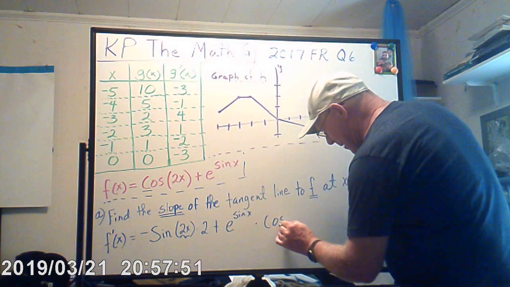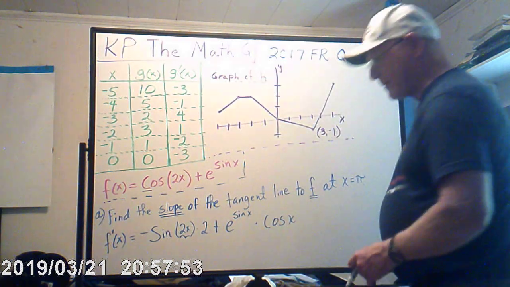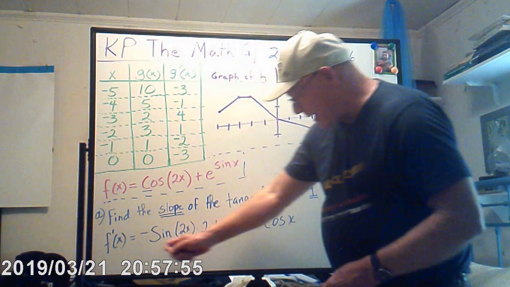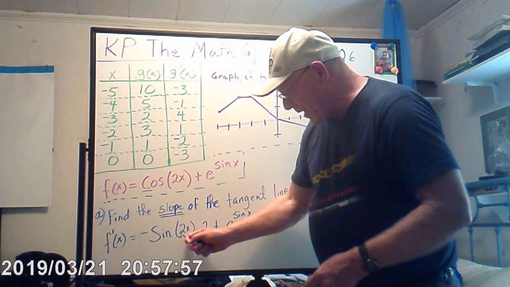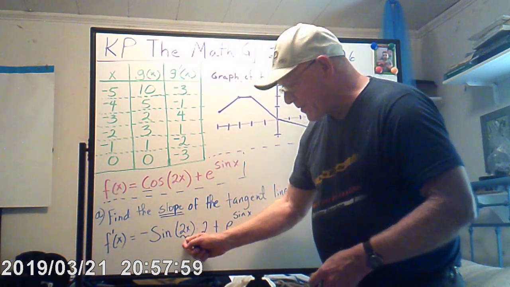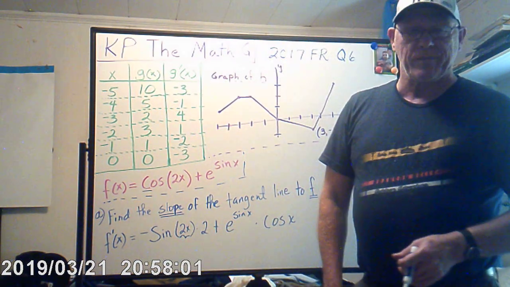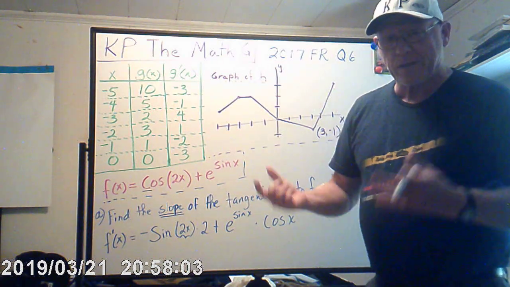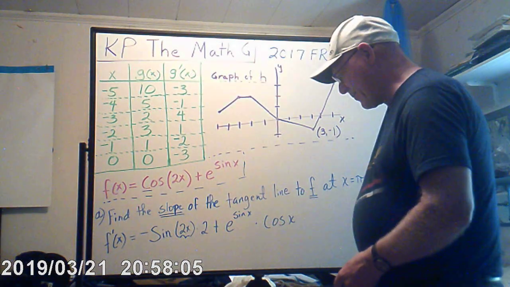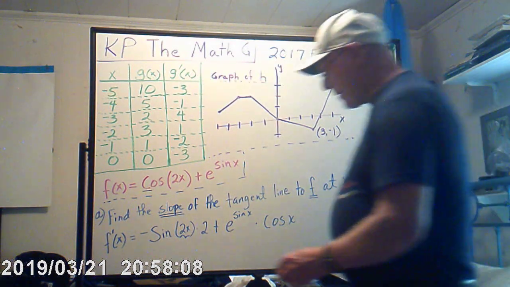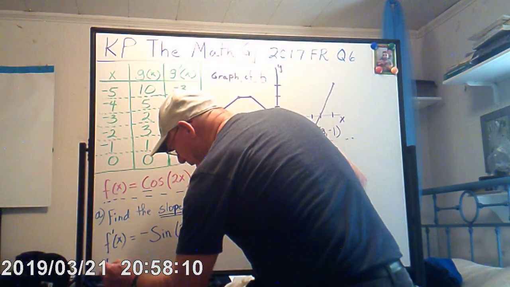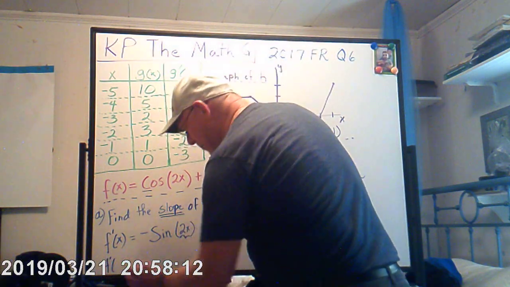Keep that kind of stuff in mind. Don't just say negative sine 2x and forget about this derivative inside of here, inside of what's called an argument here. Okay. Now I want f prime at pi.